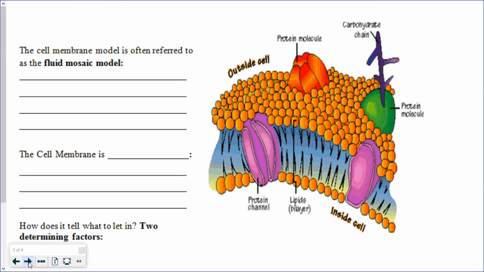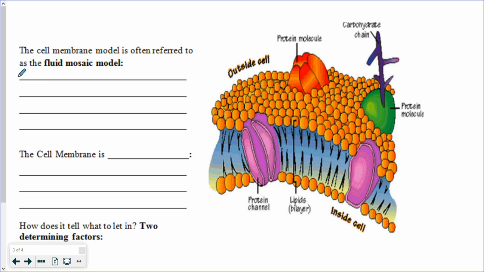Some more diagrams. Looks a little nicer in color. So the cell membrane model is often referred to as the fluid mosaic model. So what that represents, am I going to be able to write here? Let's try it.